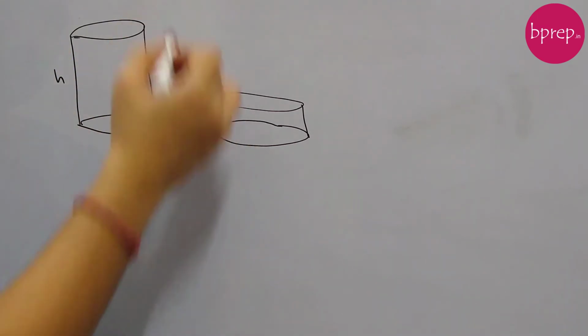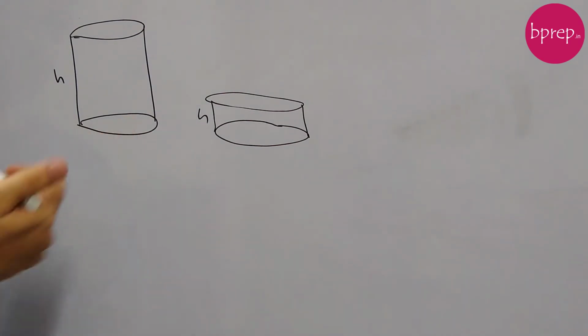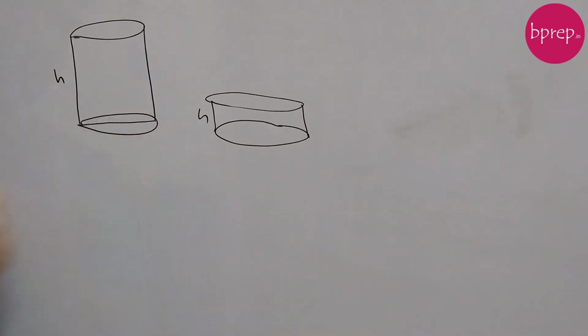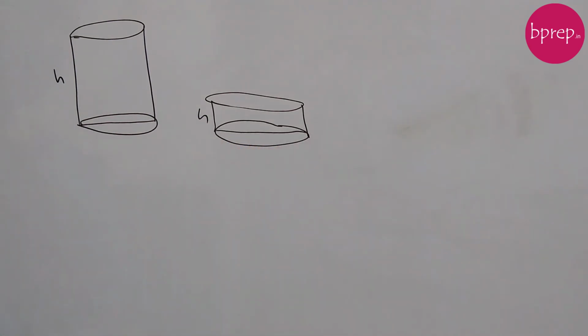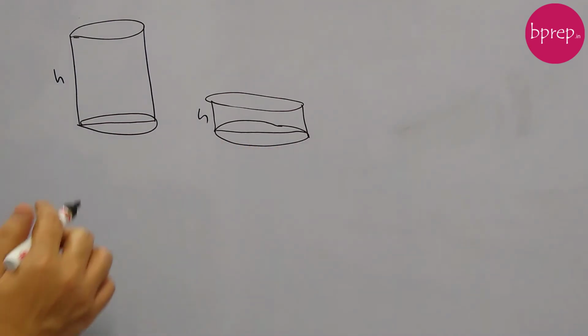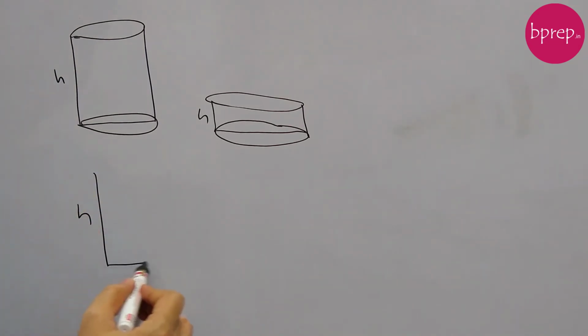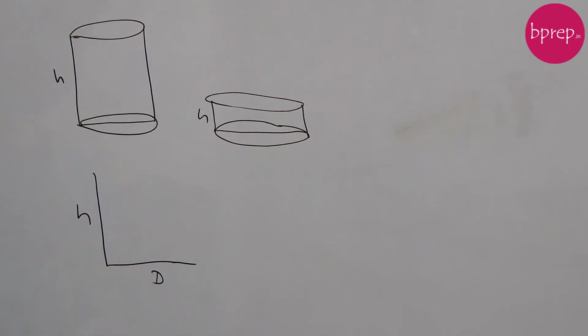Here also in the vertical plane the height will be maximum, and in the horizontal plane the diameter of the base will be maximum. Here also the diameter of the base will be maximum. So in two planes we have got this. In the vertical plane the height is maximum, in the horizontal plane the diameter is maximum.